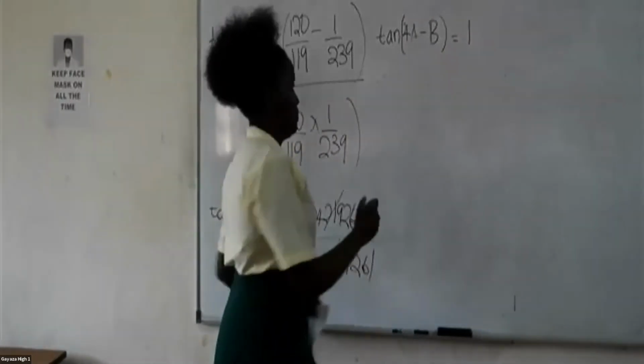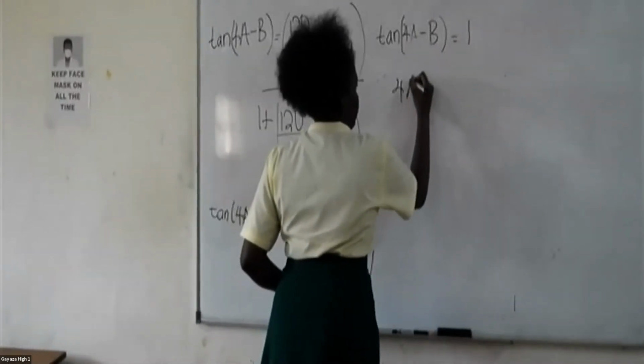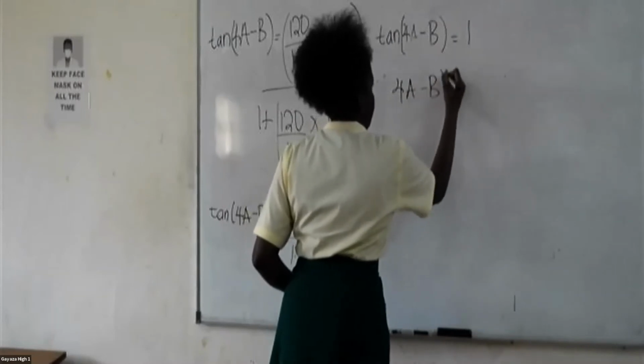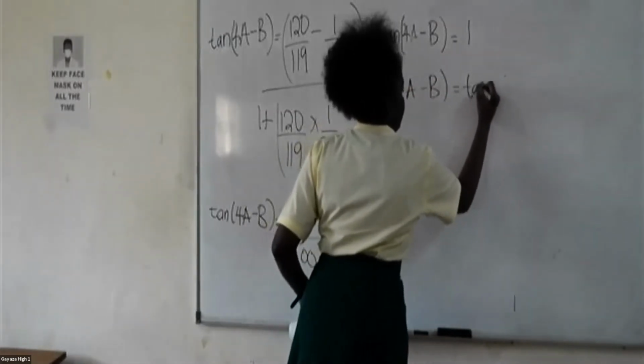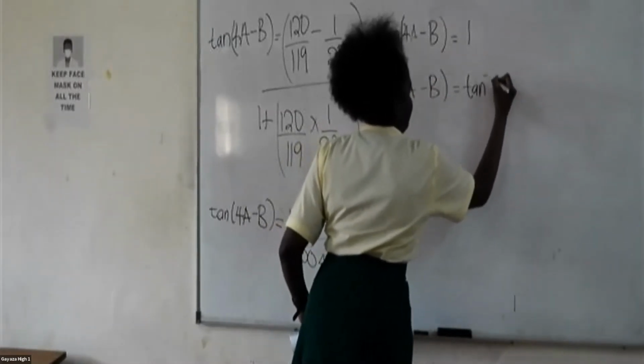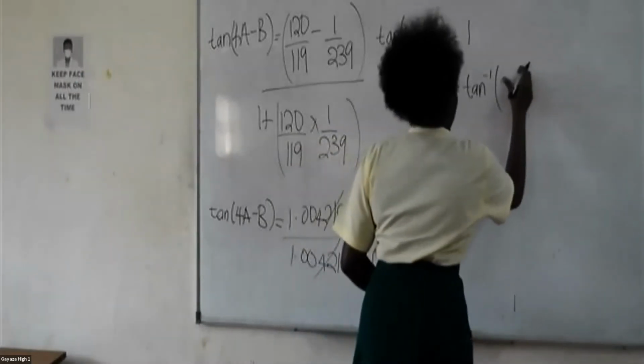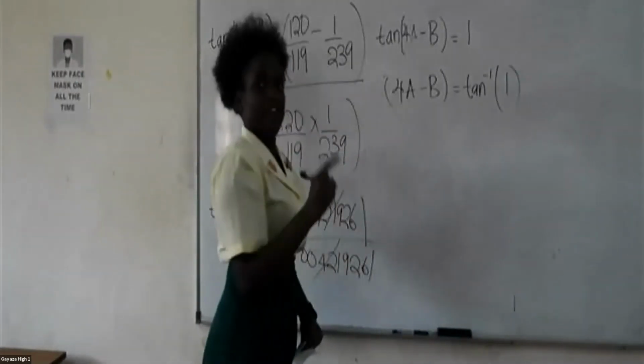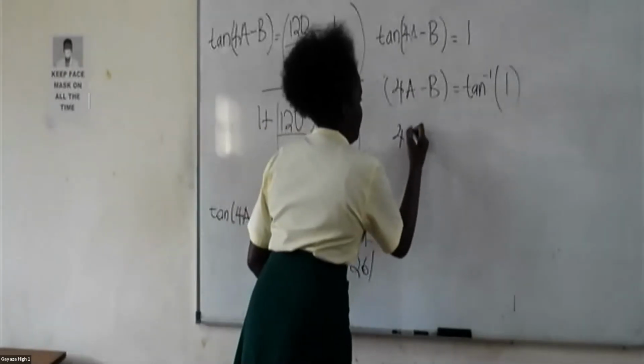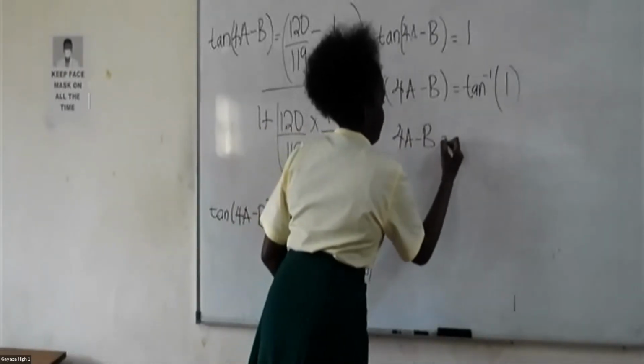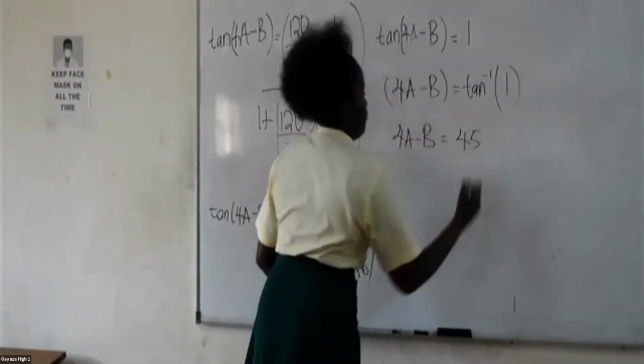So we're going to take the inverse. So 4A minus B is equal to tan inverse of 1. Therefore, 4A minus B is going to be equal to 45 degrees.